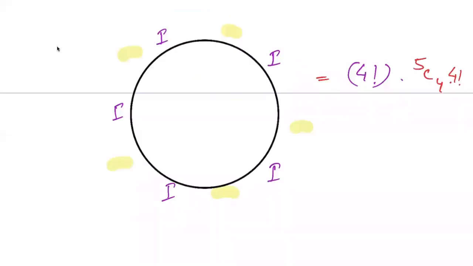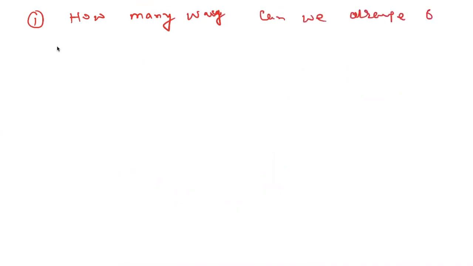Going further with this, we are going to one more set of questions. First, how many ways can we arrange 6 different flowers in a circle?